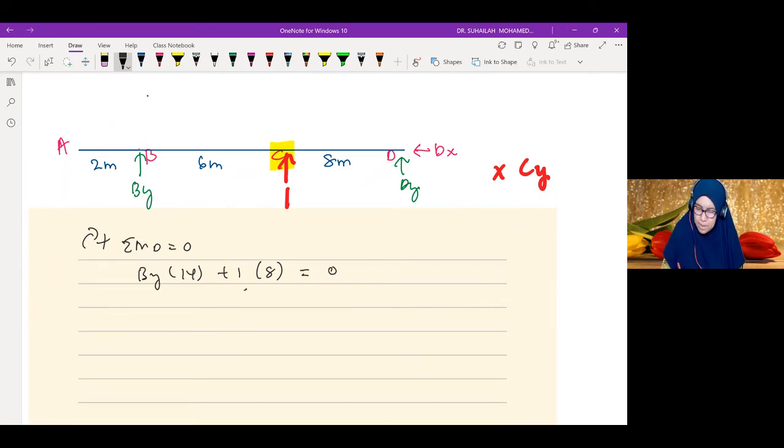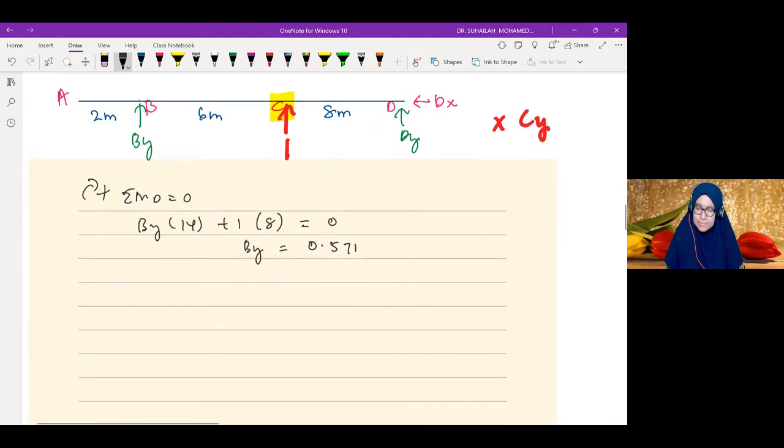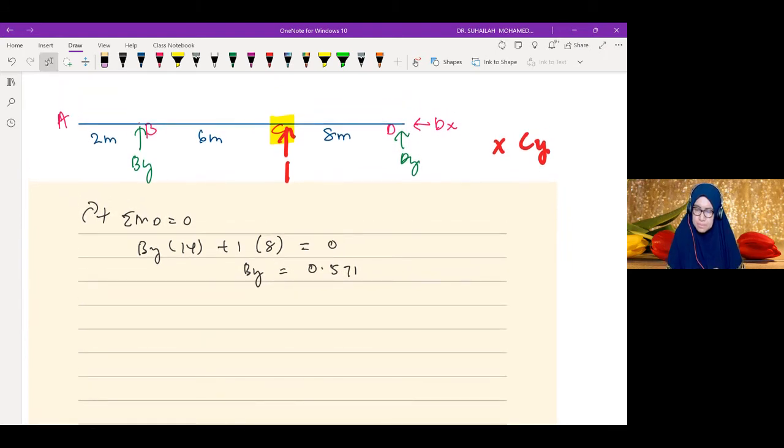So we get BY is equal to negative 8 divided by 14, which is negative 0.571.